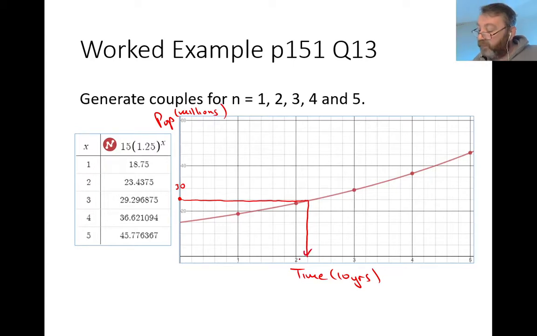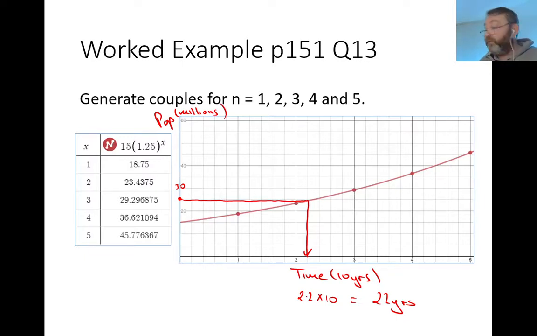And I find out that it is 2.2. That's 2.2, because don't forget there's 5 boxes between 2 and 3. However, they are in blocks of 10 years. So you multiply it by 10, and you figure out that in 22 years' time, you will have a population of 25 million.